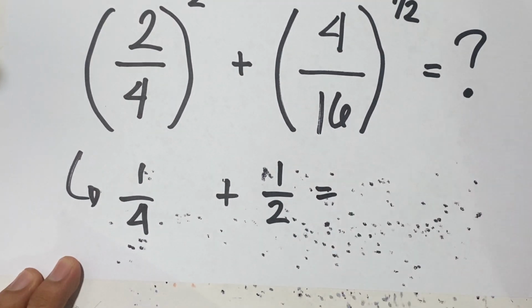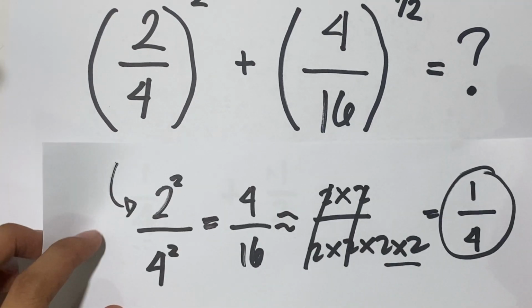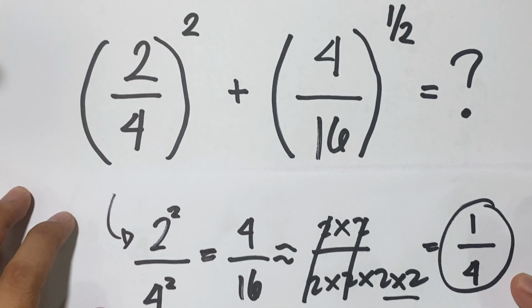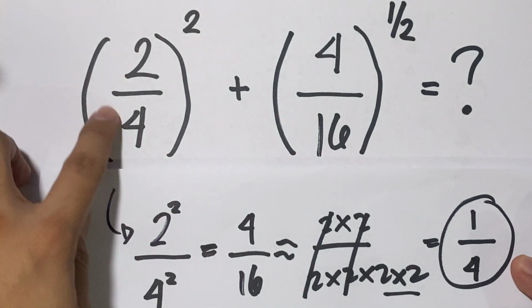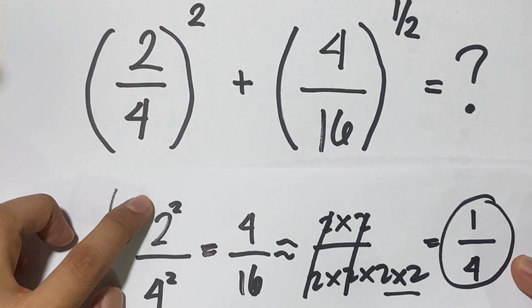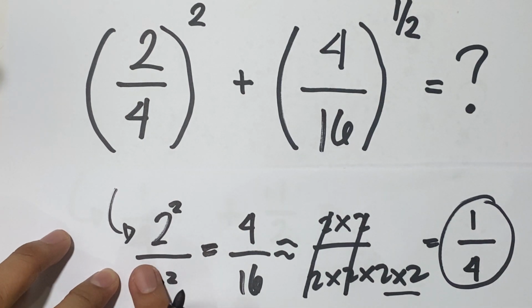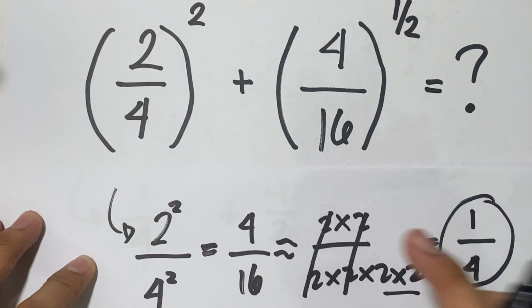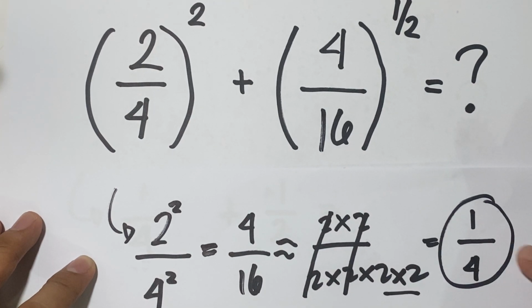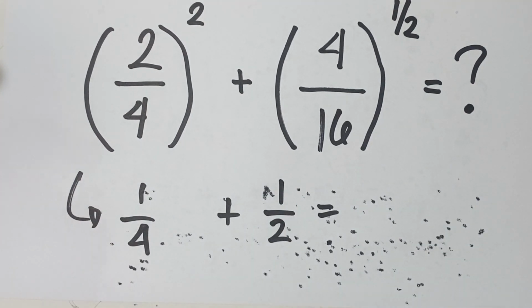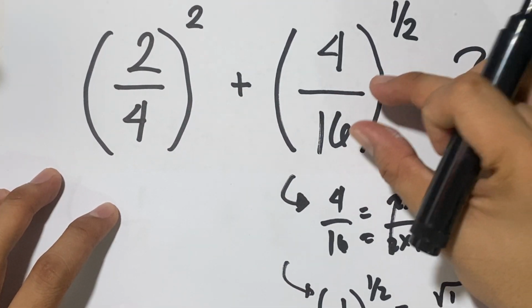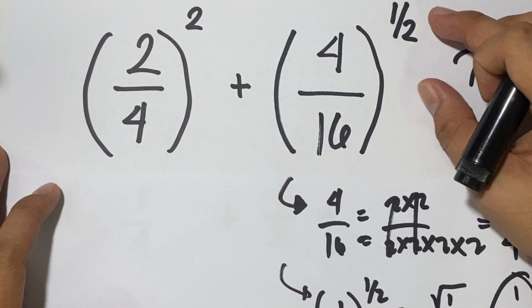I hope that you get the idea. For our first term, we distribute the exponent from squaring the whole fraction to the numerator and the denominator, get its exponential product, and then get its lowest term. That is why it became 1/4. The same goes for our second term, but first we simplify it before distributing the exponent.